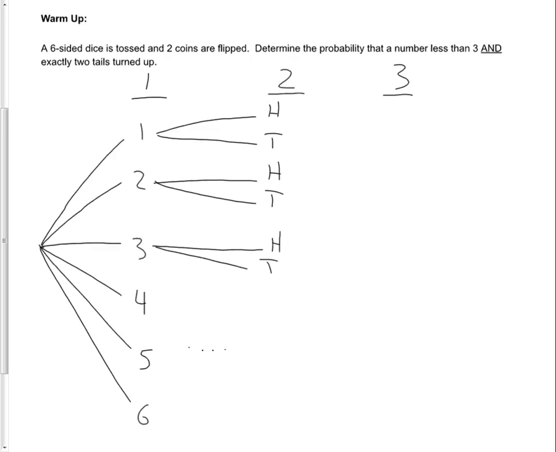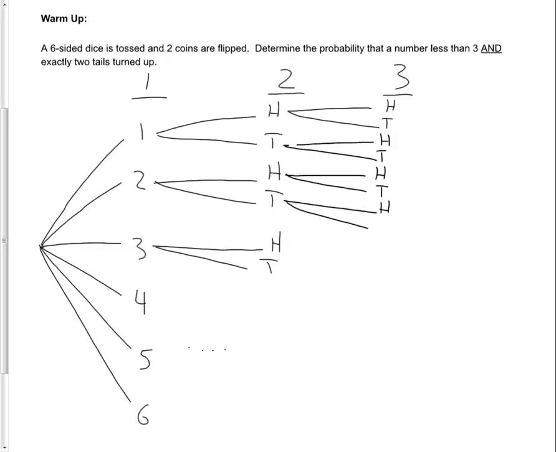If I flip the coin a second time, I could get either a head or a tail. If my first coin was a tail and I flip it a second time, I could get either a head or a tail, and so on and so forth.